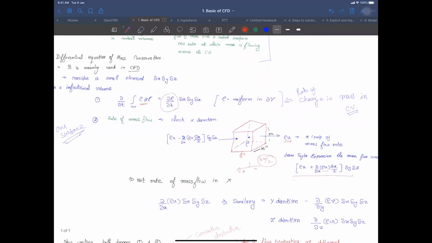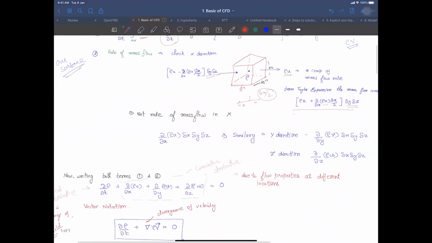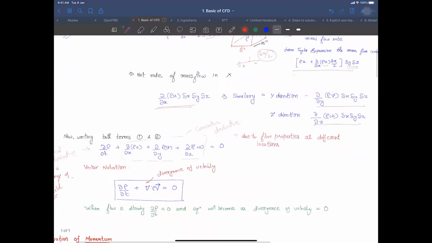So the net mass flow rate in the x direction: when you add the total mass, the terms cancel in both directions, and the net flow of mass would be d over dx of rho u times delta x, delta y, delta z. Similarly for the y direction and z direction.